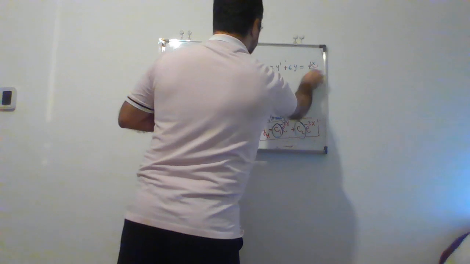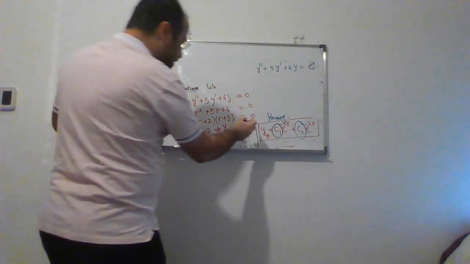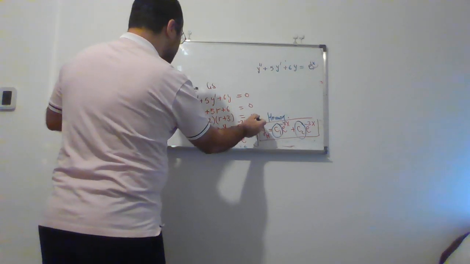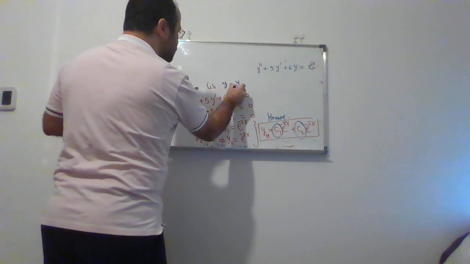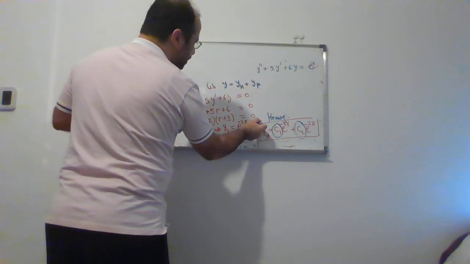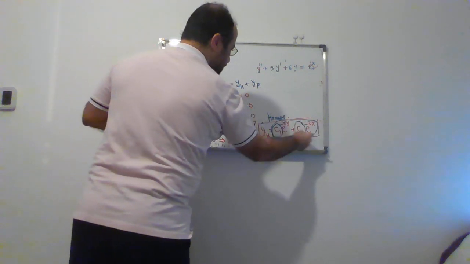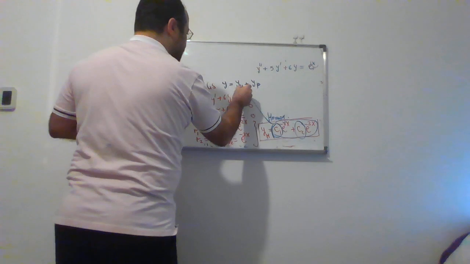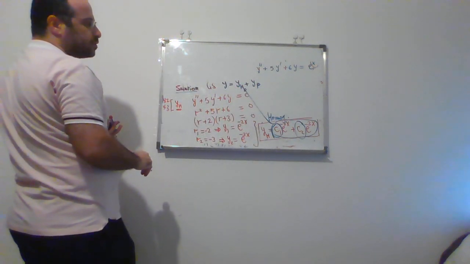Let me keep this for a moment, and now step number 2. We said we have y equals y homogeneous plus y particular. Now I found this part, and you put it as the homogeneous part of your solution.